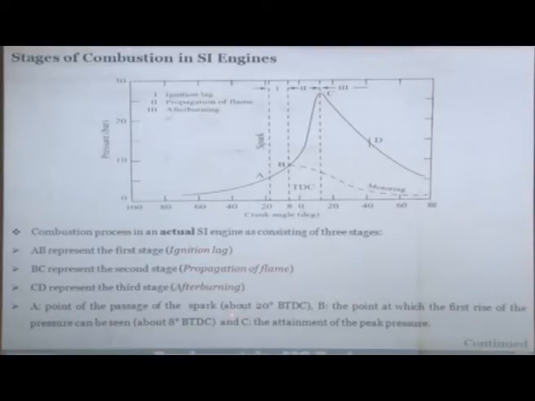The point of the passage of the spark is about 18-20 degrees, it is not sacrosanct, it depends on the engine size, the engine speed, and the fuel you are using, but typically 18-20 degrees. Point B is about where the first rise in pressure can be seen, about 8 to 10 degrees, and C is the attainment of the peak pressure. Point D is very fuzzy. There is no particular sign that you have to put it at this point. Anyway, CD is really not very relevant from the power production perspective of an IC engine.